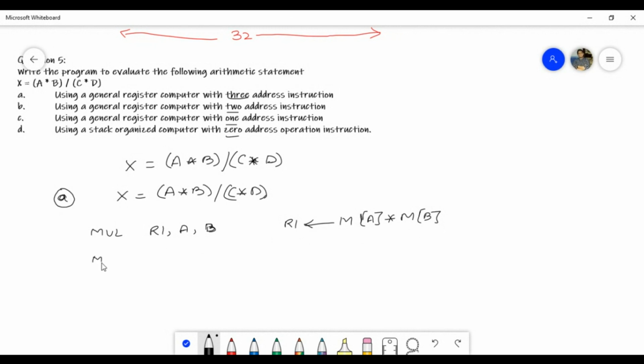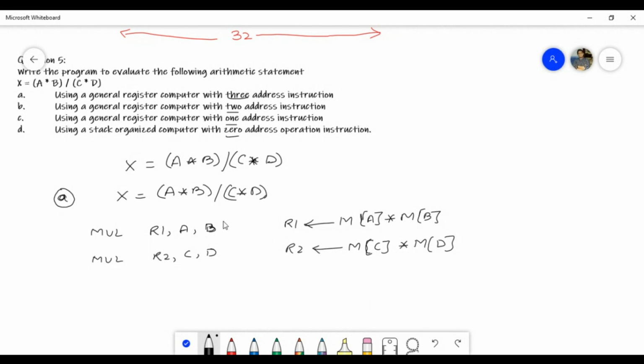In the same way, I will multiply r2, c, d. Here I have used only one register, the second register. So r2 implies the memory contents at c and d, both multiplied and the result stored in r2.